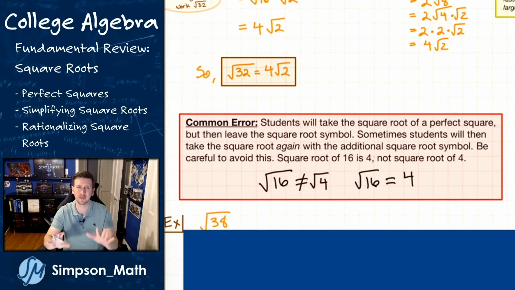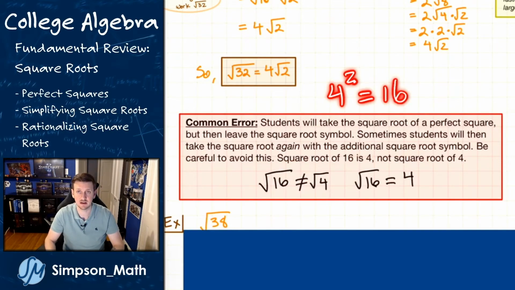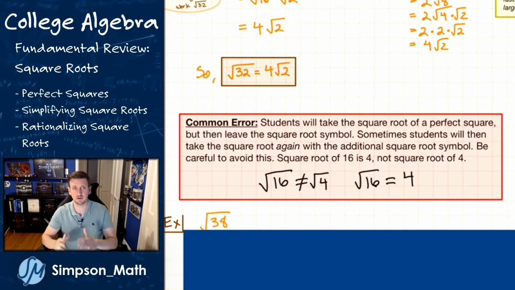No. I often feel that they're maybe just in a hurry, but I have come across students that thought that square root symbol stayed. It does not. When you take the square root, it is gone. Just like if I said 4 squared equals 16, that does not equal 16 squared. If I left the square there, now that's a much bigger number than just 4 squared, right? So make sure once you use the square root to take the square root, that square root symbol goes away.